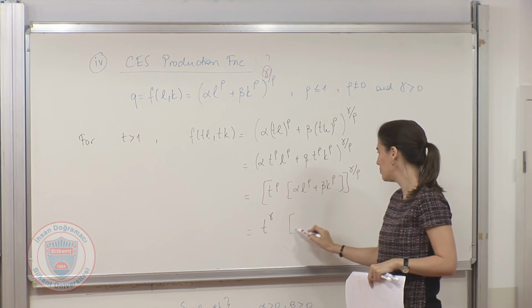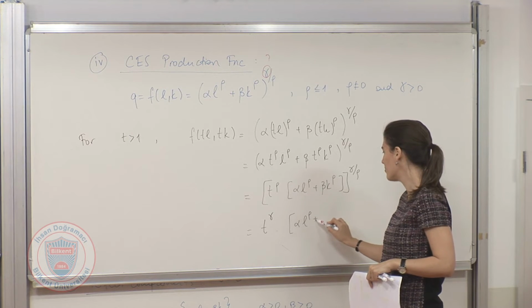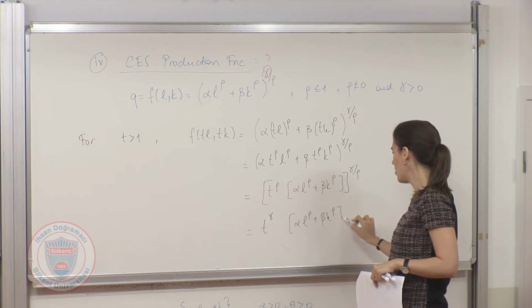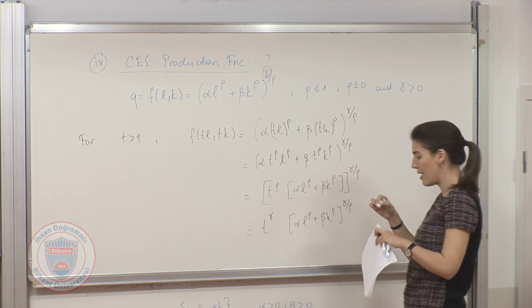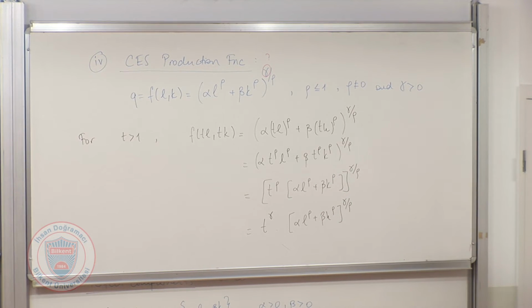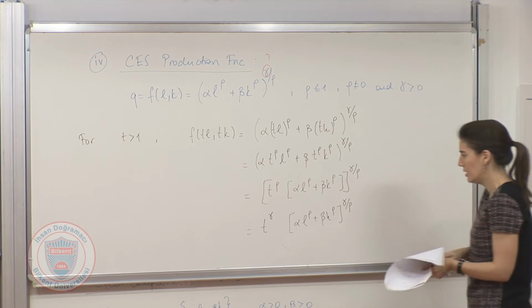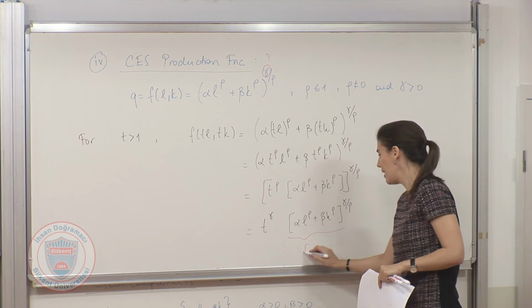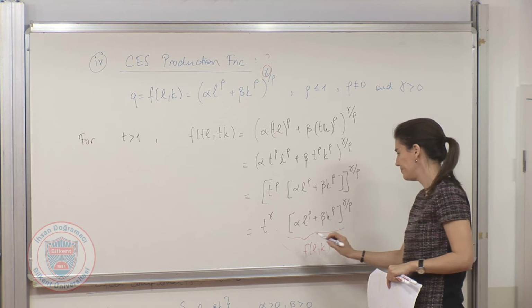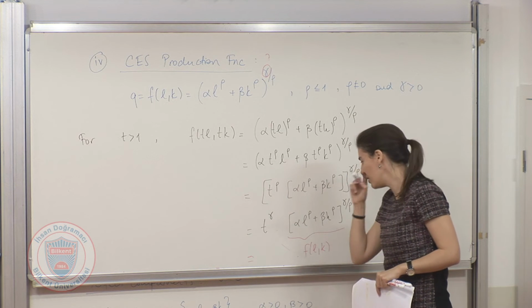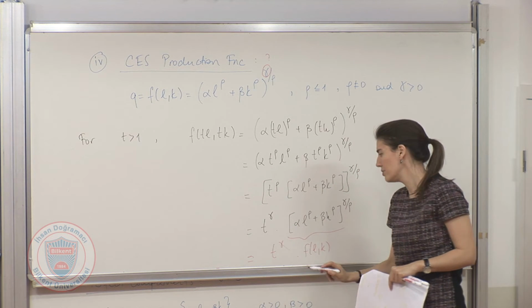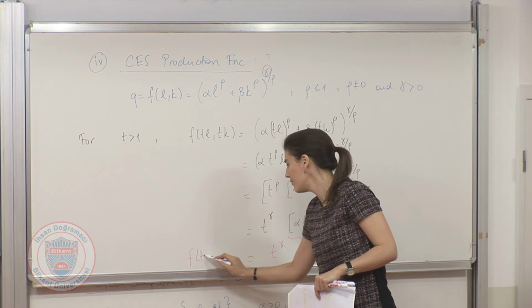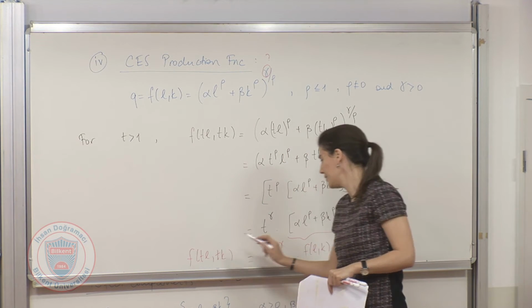And here this would become alpha L to the power rho, beta K to the power rho, to the power gamma divided by rho. So what is this? This is exactly my original function, f of L, K. So it becomes t to the power gamma times f of L, K, and on the other side I have f of tL, tK.